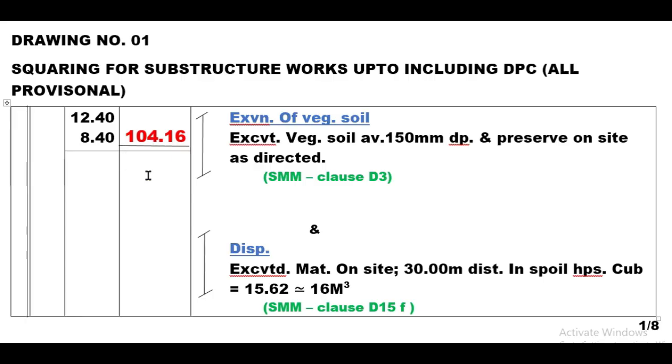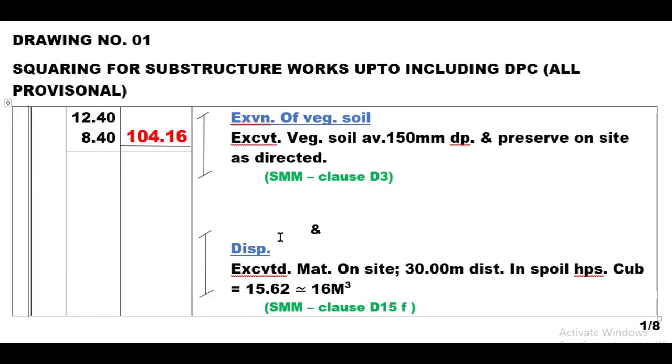Remember to have this double line to close these figures, as well as paging your dimension paper for easy follow-up. And I'm going to combine item number 2 with item number 1, that is the disposal of excavated materials. Remember, I have a depth of 150 millimeters, which is less than 300 millimeters, which is what is supposed to be booked here.